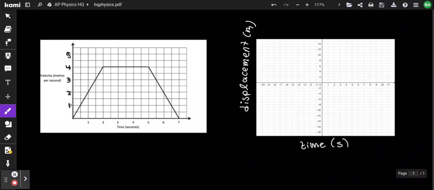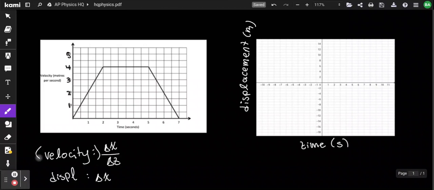We know that velocity is meters per second, or displacement over change in time. And our displacement is just our delta x. So what we have to do is multiply velocity by time to get to displacement.